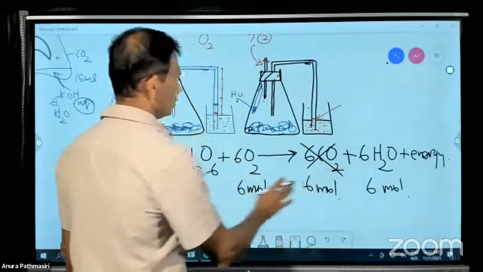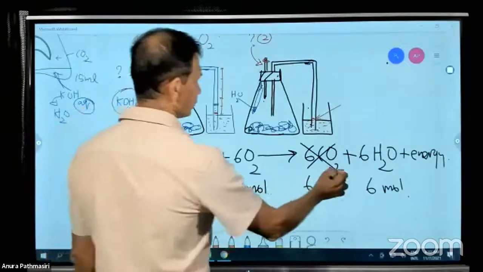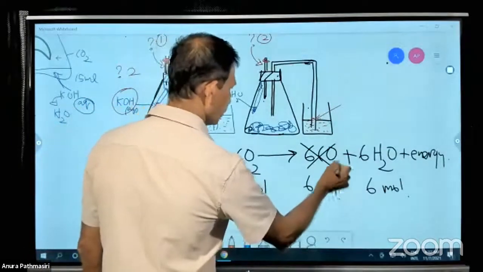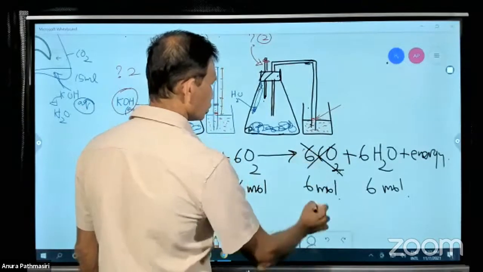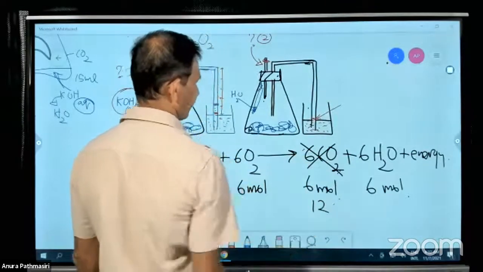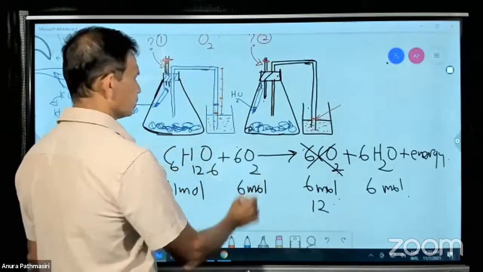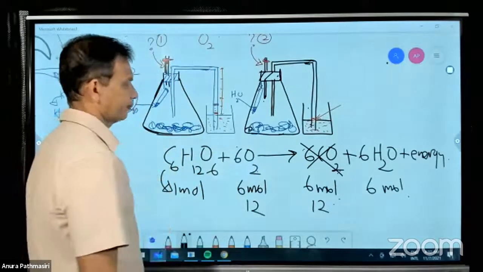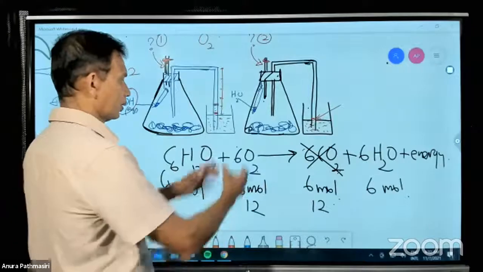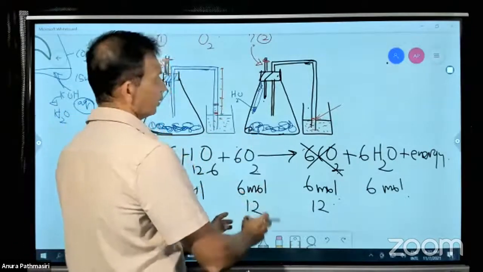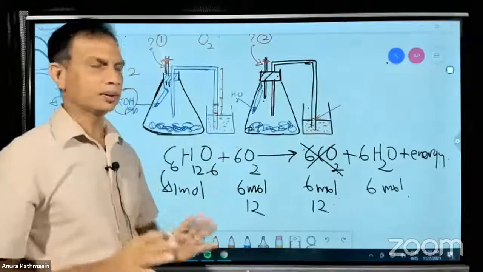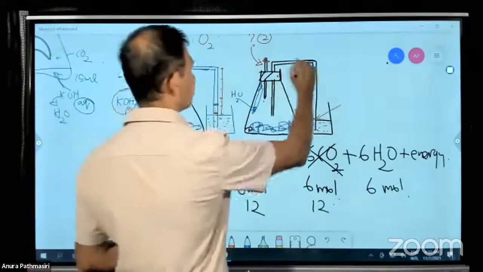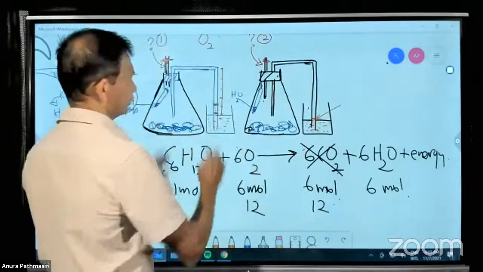Then let's see, you can see that 2 times 6, 12 oxygen. So the amount of used oxygen will also be removed from the internal air inside the system.